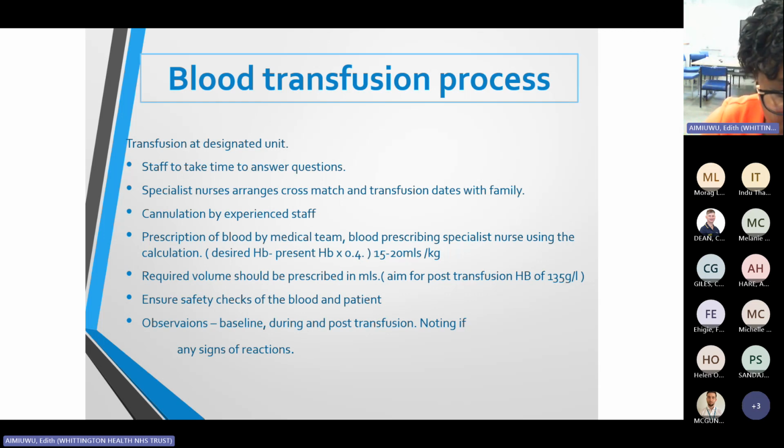While having the transfusion, the staff should observe closely, according to the trust policy on blood transfusion, monitoring baseline observations during and post-transfusion, and noting any signs of reaction. If there are any signs of reaction, stop the blood, get everyone informed, and treat accordingly.